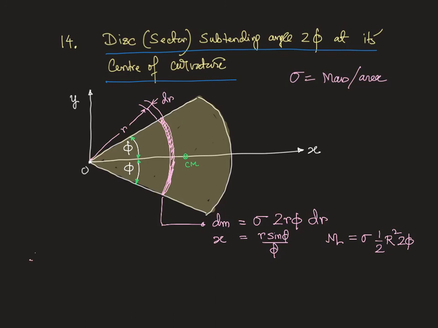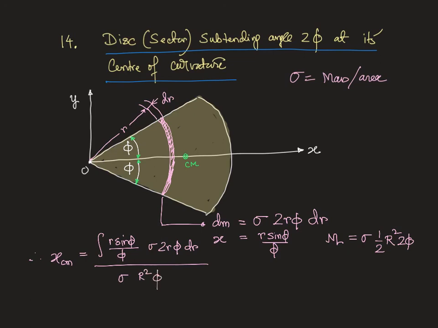So therefore the x coordinate xcm is equal to the integral of x dm. x is r sine phi by phi, dm is sigma 2r phi times dr, divided by sigma into r square phi.